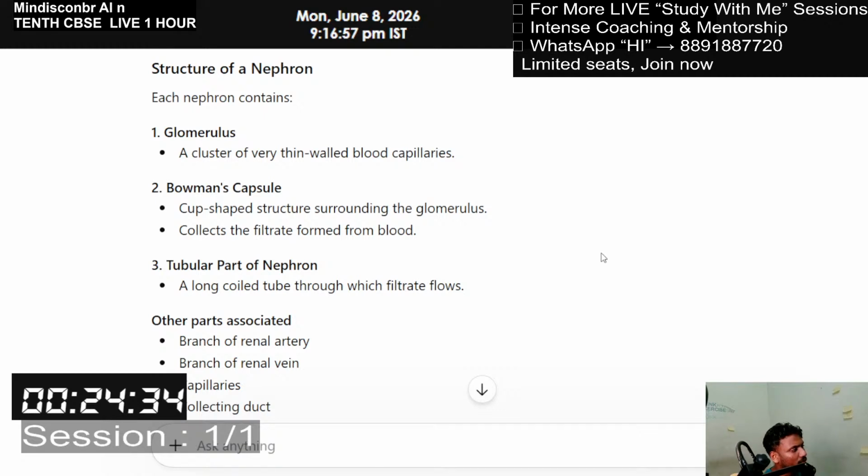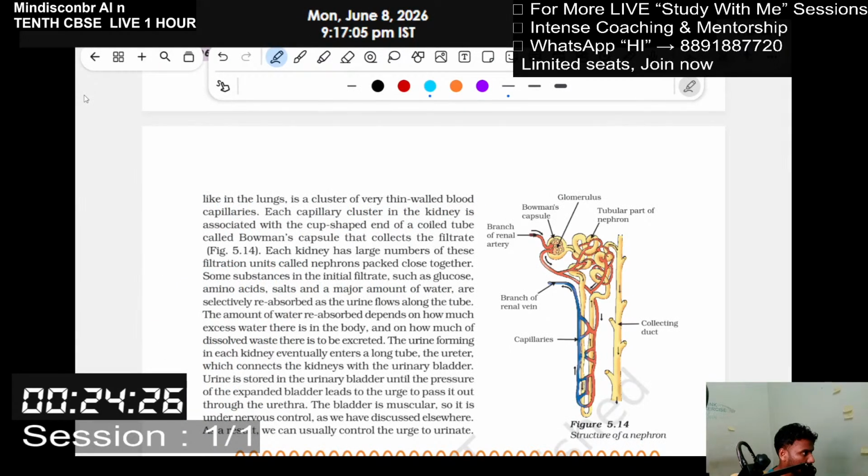Glomerulus is very thin-walled blood capillaries. So in the figure you can see thin-walled blood capillaries, and this is called glomerulus.